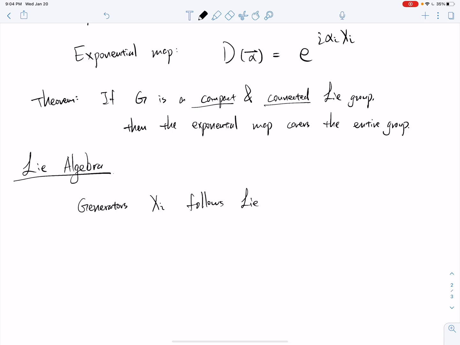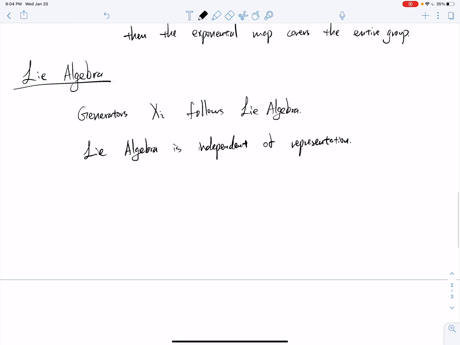So the Lie algebra is an algebra for the generators, and it is a characteristic idea of the group. It is independent of the representation. Lie algebra is the fundamental characteristic of our Lie group.